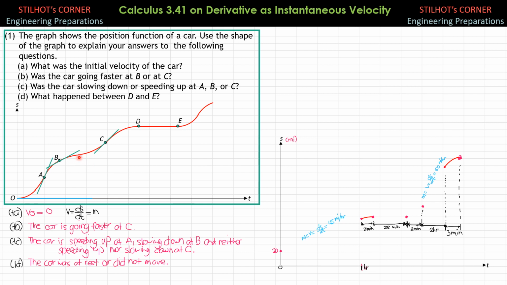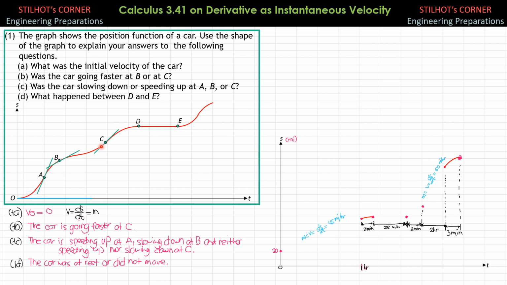So that's the point where the velocity is fixed, and we cannot tell if it is slowing down or speeding up. That's why it is neither speeding up nor slowing down at point C.